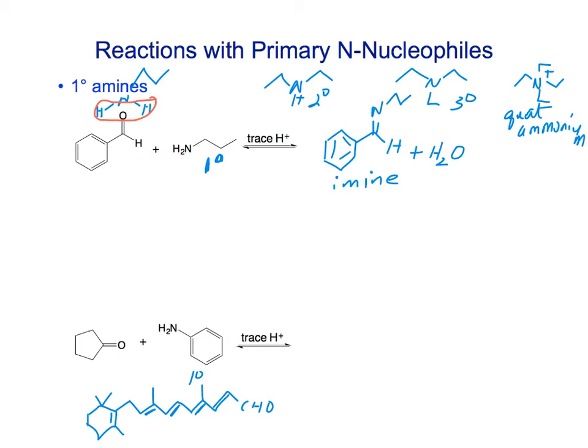Dang. Thought I had it. Okay, let me just do a bunch of these. Okay, so then we have to have 1, 2, 3, 4, 1, 2, 3, 4, 1, 2, 3, 4, 1, 2. I think it's like this. Okay, this is a double bond, double bond, double bond, double bond.